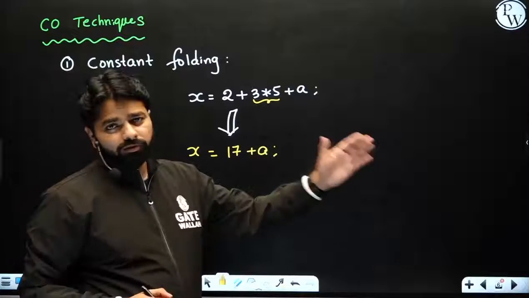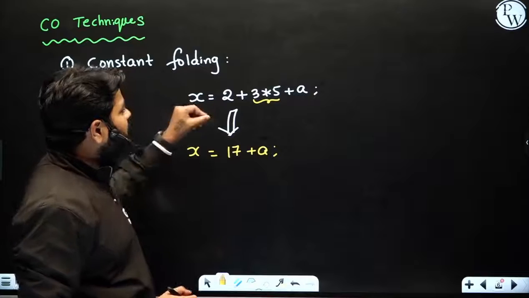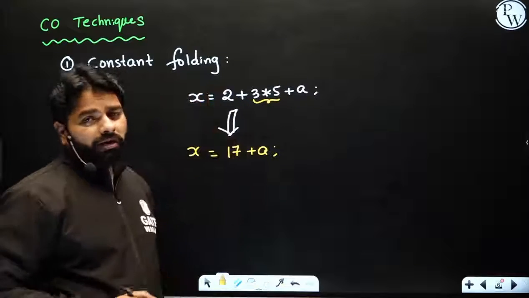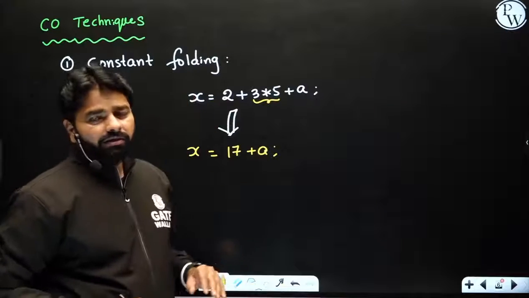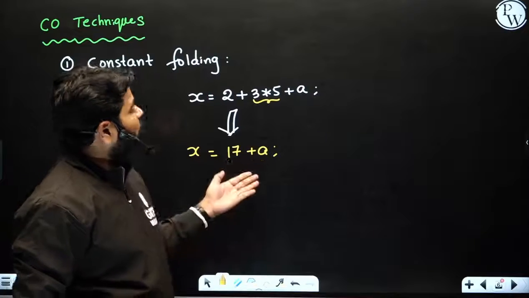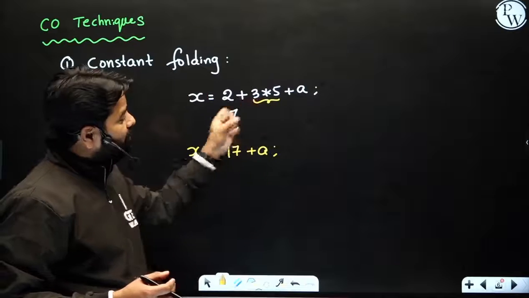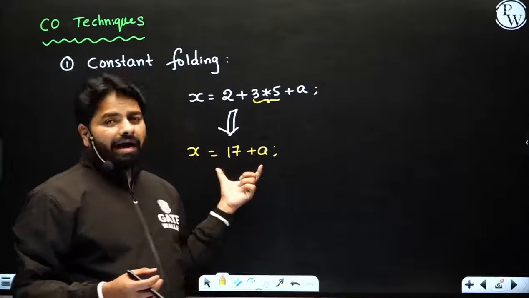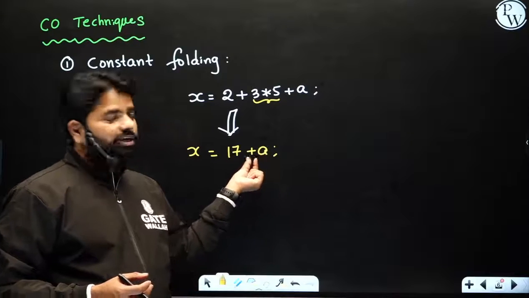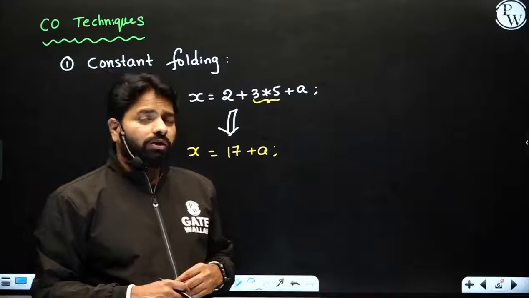But if you optimize this at intermediate level, multiplication, addition, addition, 3 operations you have to do, ignoring the assignment. Now you are performing 1 operation. You can save the time, and also you can save the space. You need to store these constants in some location and use them. Now you can directly write an add instruction where the 17 along with some location data can be used within the instruction itself. So this is the advantage of constant folding.